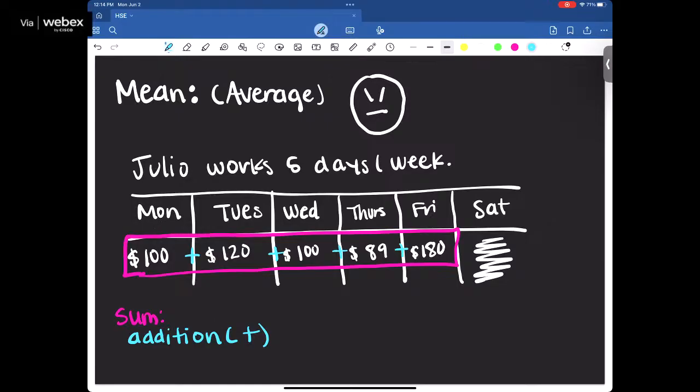Make sure you have your calculator handy. We have 100 plus 120 plus 100 plus 89 plus 180. Our sum is 589.